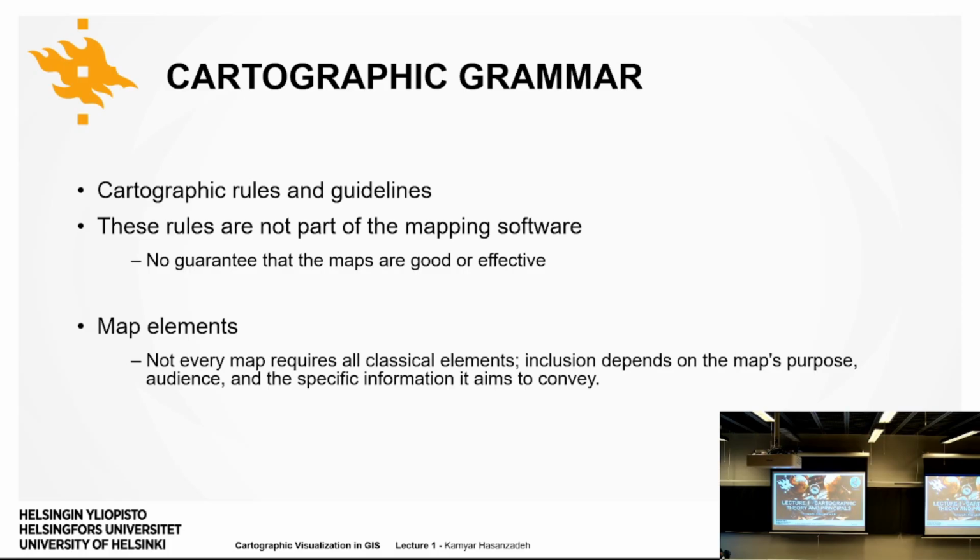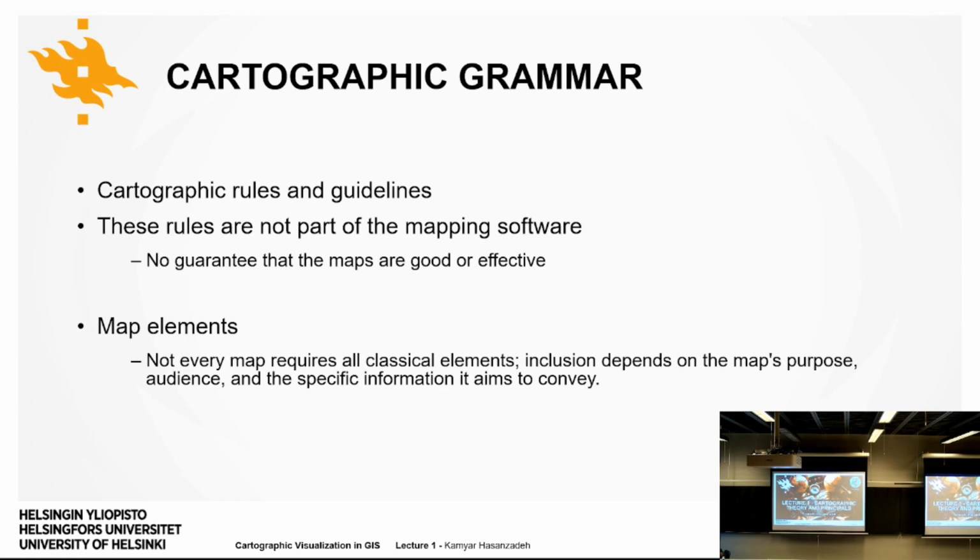Another thing that is important is the map elements. If you have taken cartography courses 10, 15 years ago, we were taught that map elements were overly emphasized, meaning that there are a certain number of elements that are important. Every map should have a legend, every map should have a title, every map should have a north arrow.